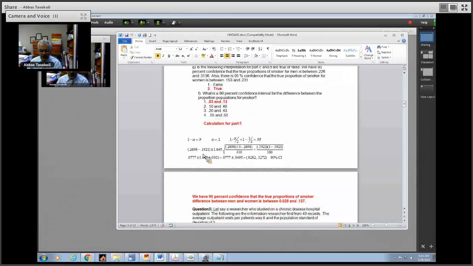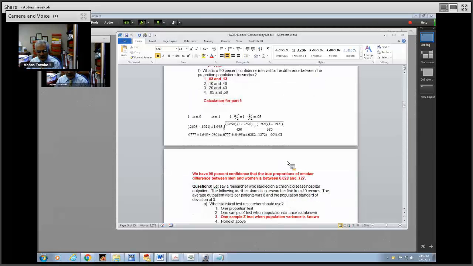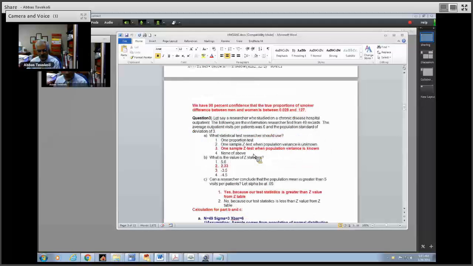Again, I use the larger proportion minus the smaller and then plus minus the z value times the standard error, using the formula p1 hat times 1 minus p1 hat divided by 430 plus p2 hat times 1 minus p2 hat divided by 380. Then you can calculate 0.03 and 0.13, the correct answer.